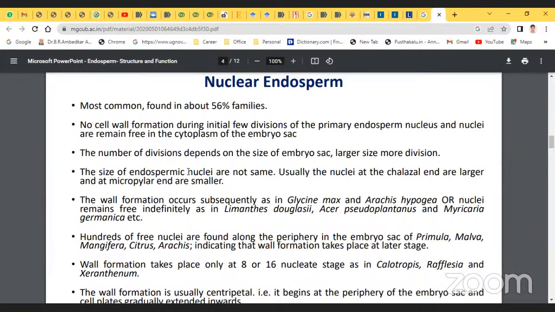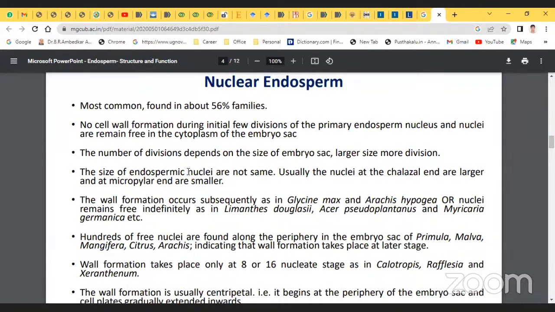The size of the embryo sac and the size of the endospermic nuclei are not the same.